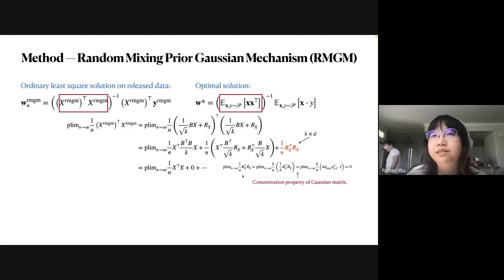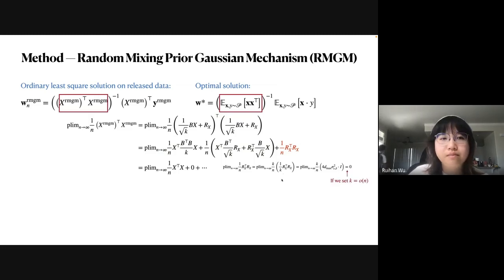In detail, we have the new factor 1 over K for the Rx transpose Rx, and then the inside term will converge to a diagonal matrix with the value of the variance of those Gaussian random variables. And for the first term, K over n, if we set K as small o of n, then such convergence will hold.